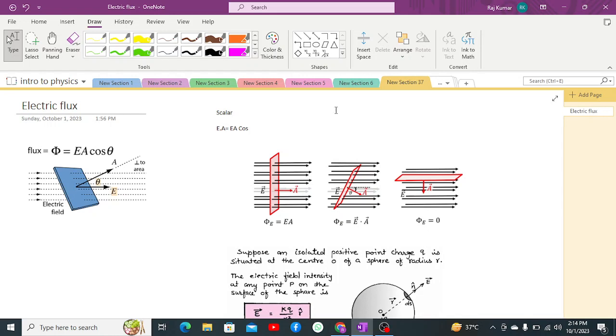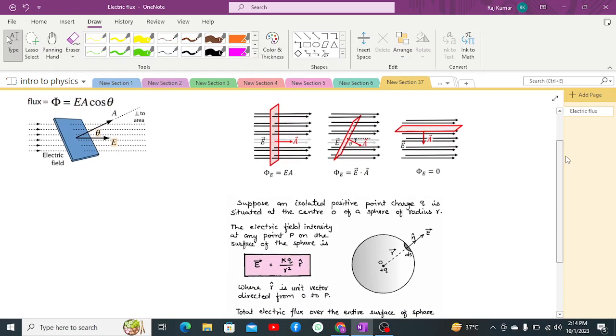So in the first and fourth quadrants it is positive, and in the second and third quadrants it is negative. If theta is equal to 268, electric flux is negative in the third quadrant.